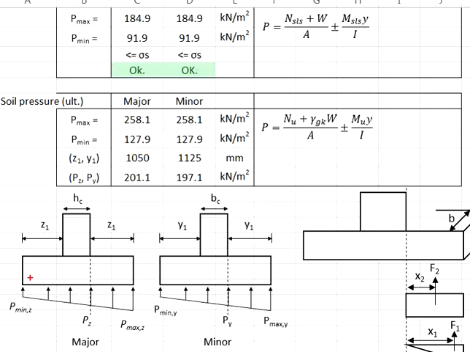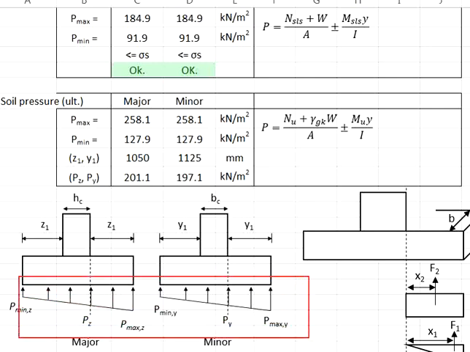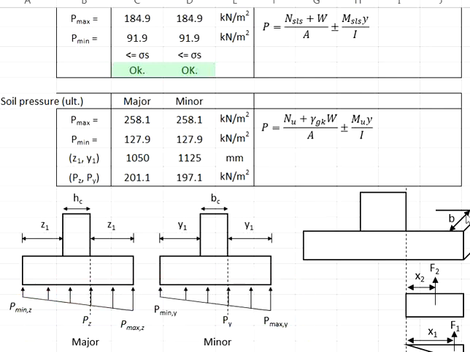Now that you have the ultimate soil pressure both in the major and the minor axis, you need the stress at the face of the column in order to determine the resultant force due to the stress, for you to compute the moment and shear acting on the surface of the column.